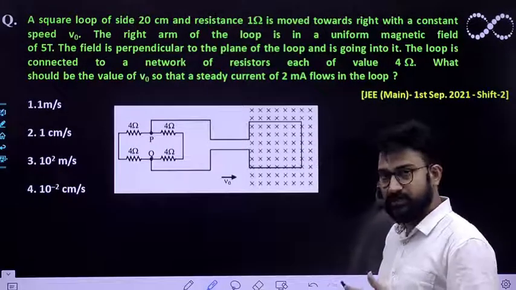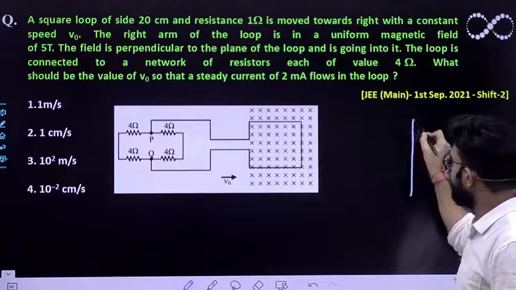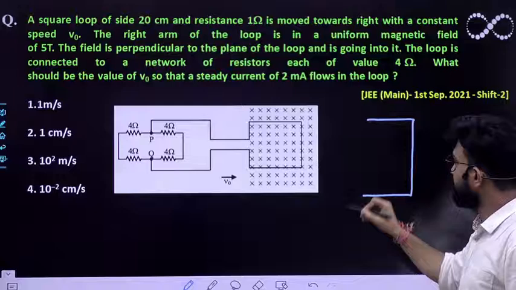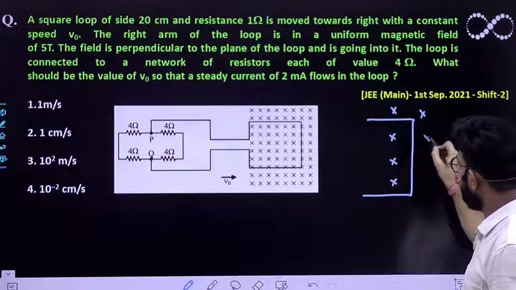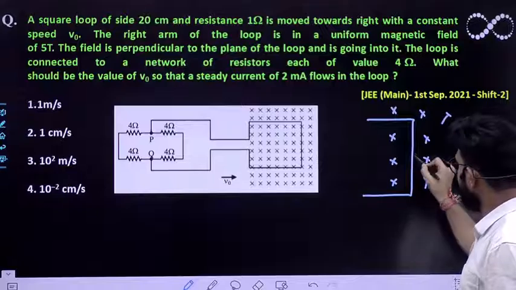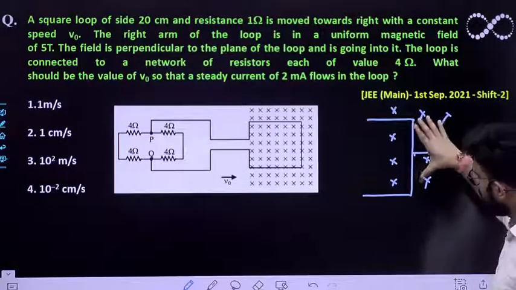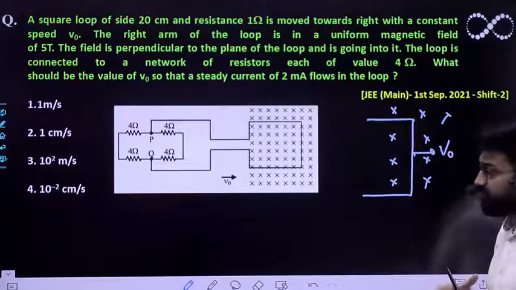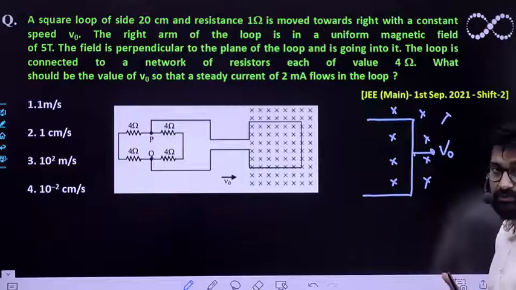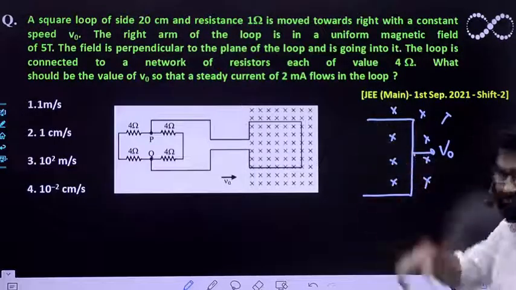If this loop is placed within a magnetic field and moving with velocity V0, this length would develop induced EMF, called motional EMF, because of which current will flow within the circuit.